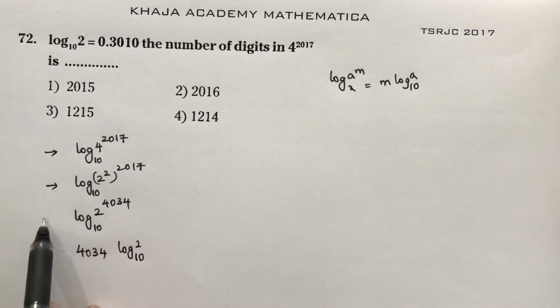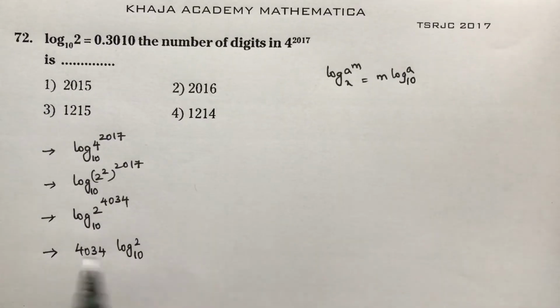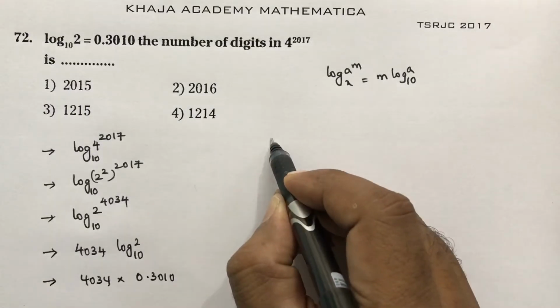Now log 2 to the base 10 value is given, so 4034 into 0.3010.